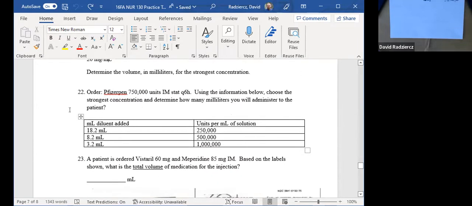For question 22, you're going to do the same thing, except there's some information here that if it's the first time seeing it, you need to know to ignore. You do not need to know the milliliters diluent added to answer this question. That just tells you how to prepare.